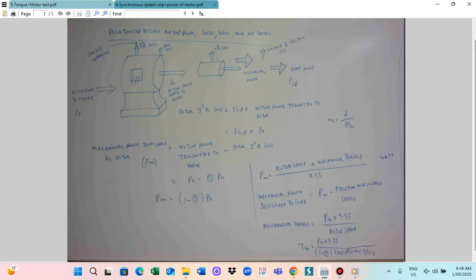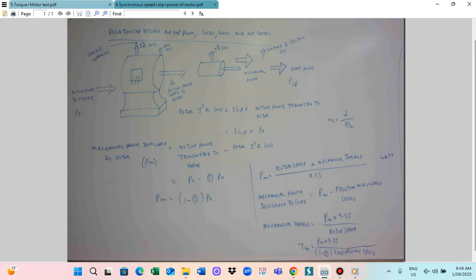We can also calculate the mechanical power delivered to the load. The mechanical power delivered to the load is Pm minus the friction and windage loss.